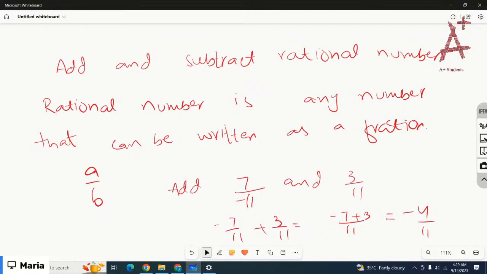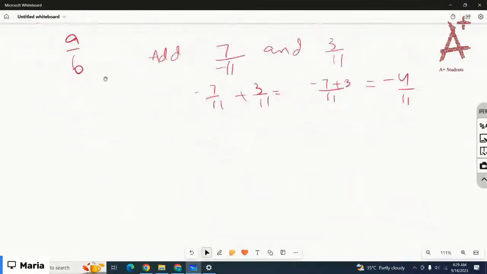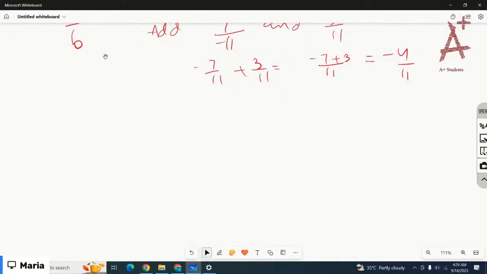Let's do another example, that is negative 3 over 5 and 2 over 3. You have to add, right? So negative 3 over 5 plus 2 over 3.